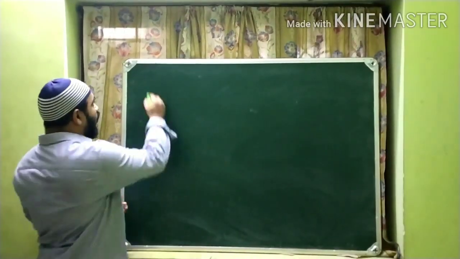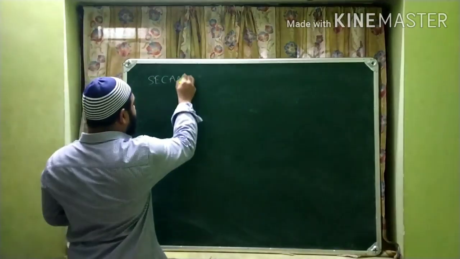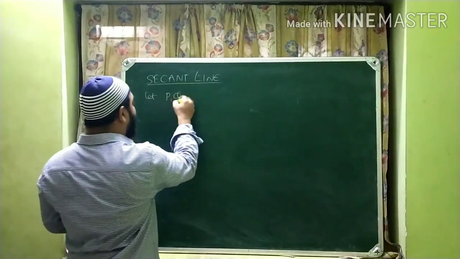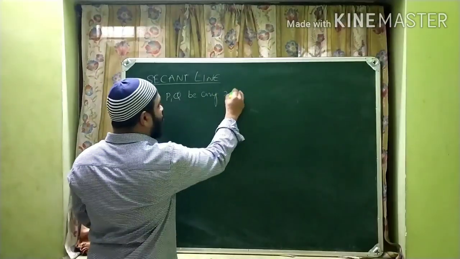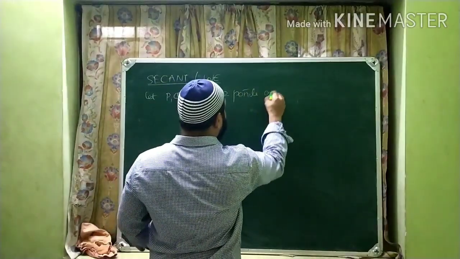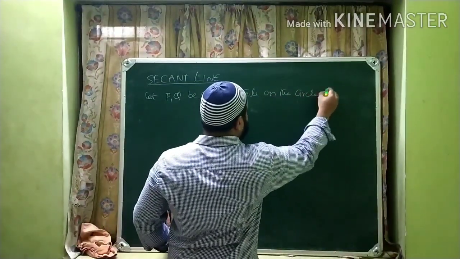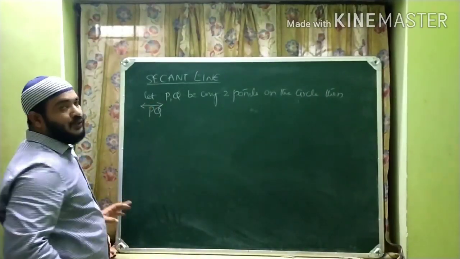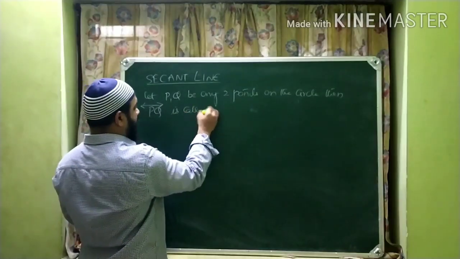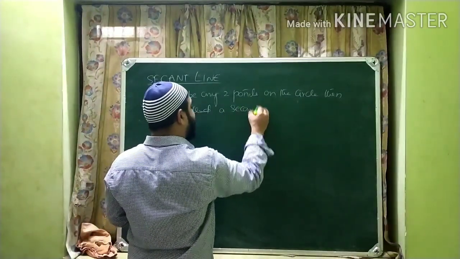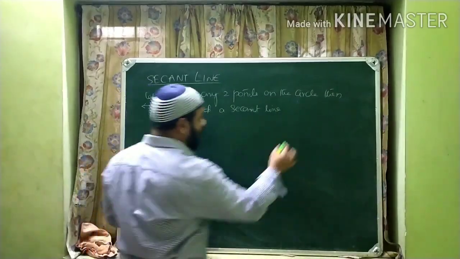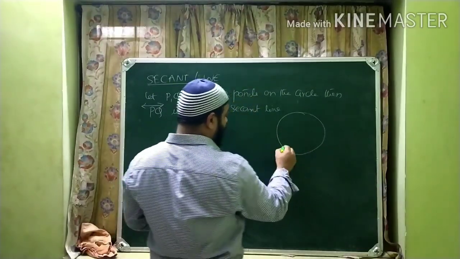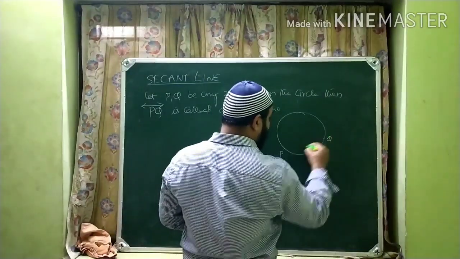Now what is the secant line? Let P and Q be any 2 points on the circle, then the line PQ is called what? A secant line. That means, let us suppose this is a circle. So P comma Q are any 2 points of the circle.